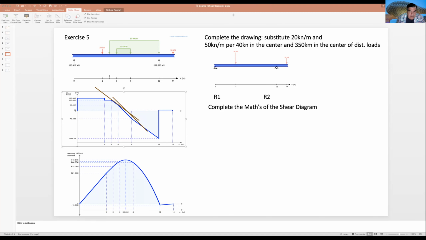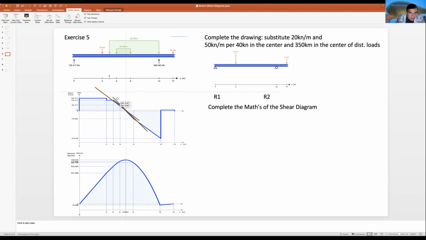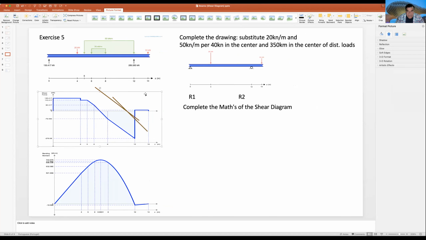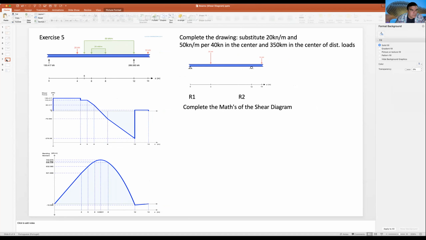It's like a little bit more inclined. See? Etc., etc. Let me clean everything and go to the next exercise.